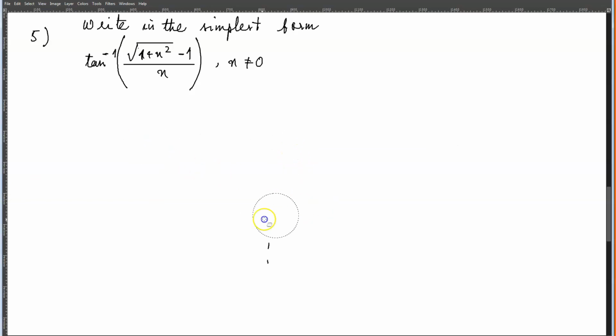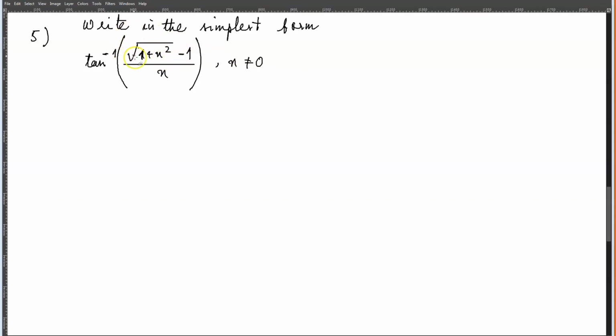Now the point here is that you have the square root function, and under the square root you have 1 plus x squared.